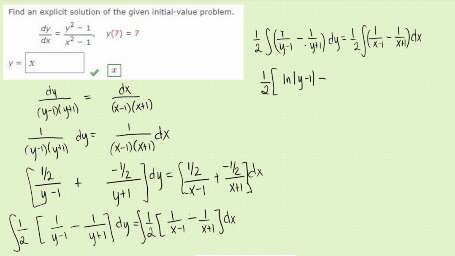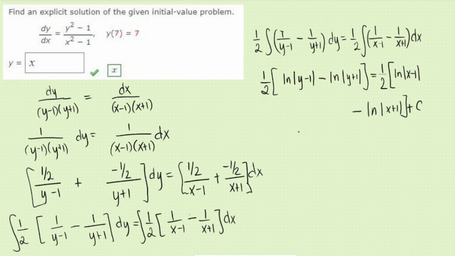Minus the integral of this here is ln y plus 1. Okay, we have this in our left hand side of the equation. So same thing with our right hand side. We also have ln x minus 1 minus ln of x plus 1. We now put a constant c here, okay?